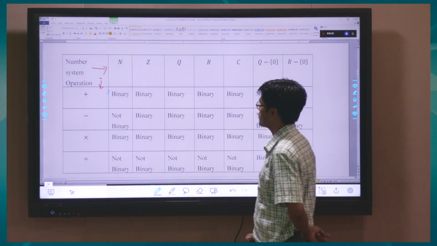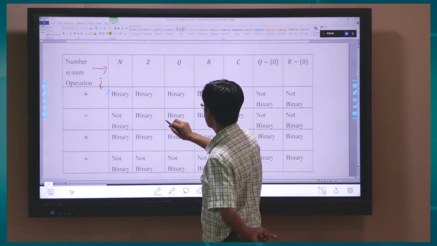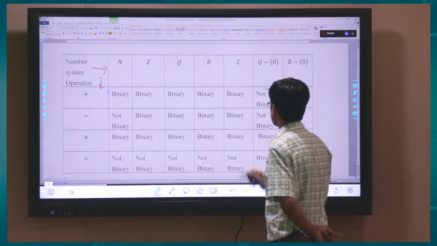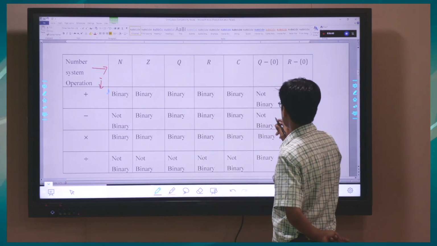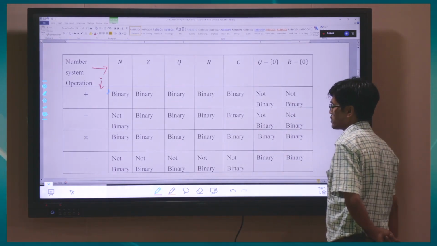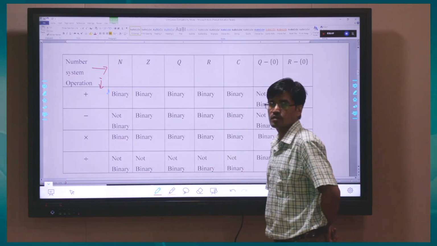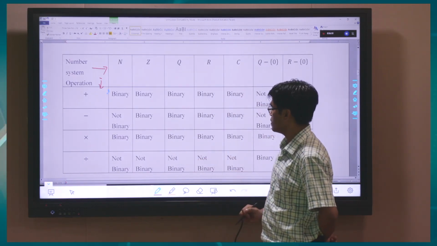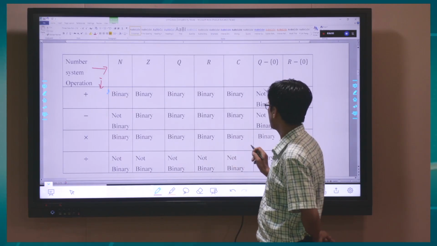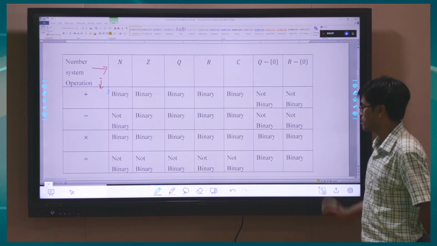Similarly, subtraction is not a binary operation on N, but subtraction is a binary operation on Z, Q, R, C, but not a binary operation on non-zero rational numbers and non-zero real numbers. Similarly, multiplication is a binary operation on N, Z, Q, R, C, non-zero rational numbers, and also non-zero real numbers.